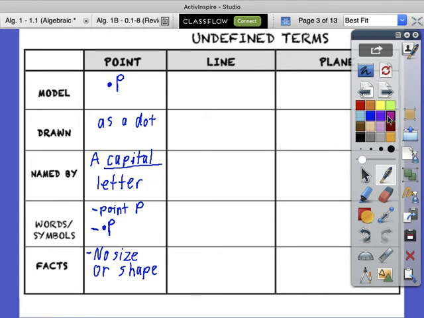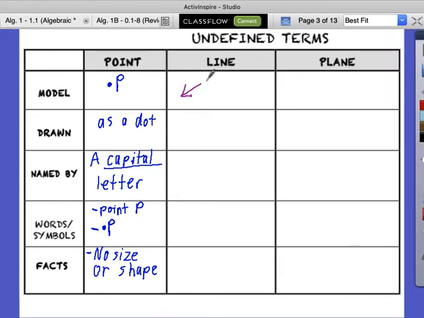Okay, for a line, here's the model of it. So I drew a straight line with an arrow on each end. Two points on the line, one point A with a capital letter, one point B with a capital letter, and then a lowercase m over here.